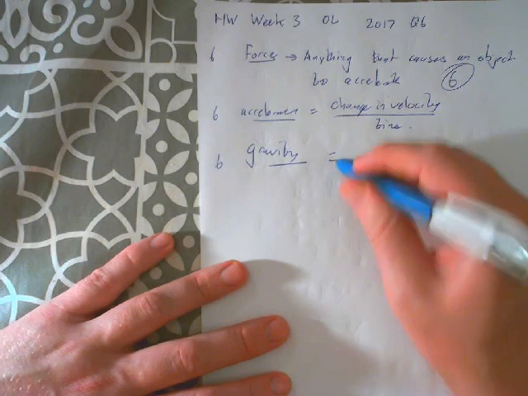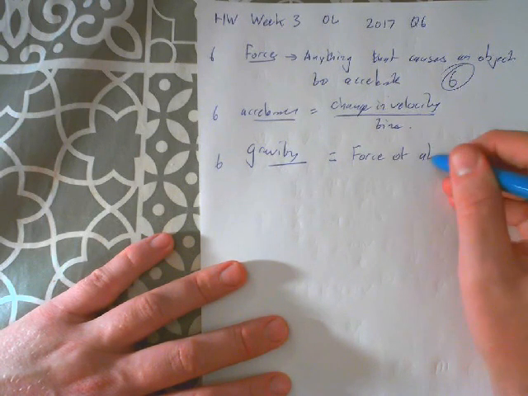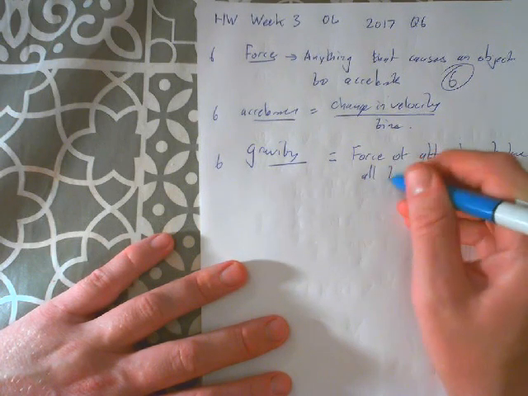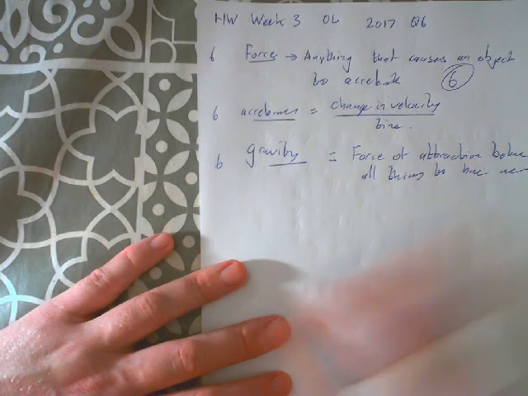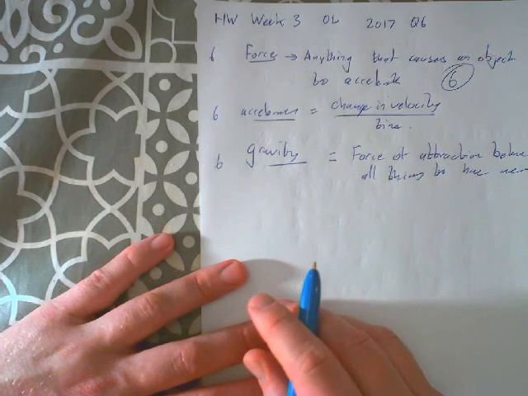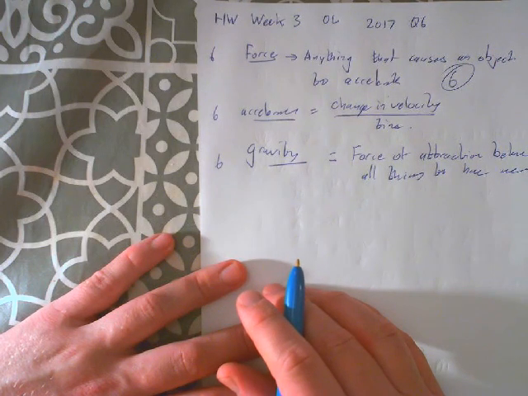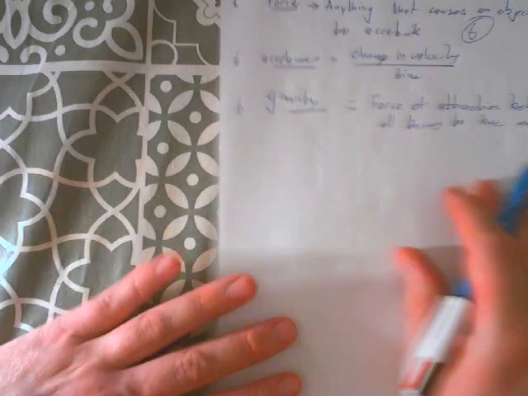Remember, anything that has mass has gravity, and gravity is the force of attraction between all things that have mass. The more mass something has, the stronger the gravitational force of attraction between two objects, or the closer they are. Lots of crude jokes to be made here, but let's keep cracking on.